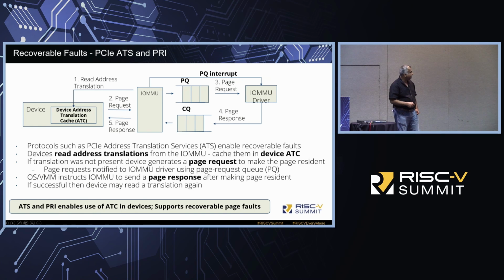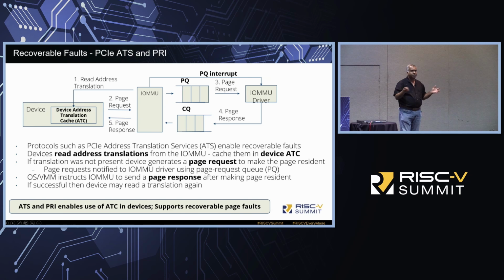Once you request an address translation, the IOMMU might tell the device that, hey, you asked for this translation, but it's not present because the OS has swapped it out, for example. Now, in response, the device can issue a page request. When that page request message shows up, the IOMMU puts it into a queue called the page queue and notifies the IOMMU driver.